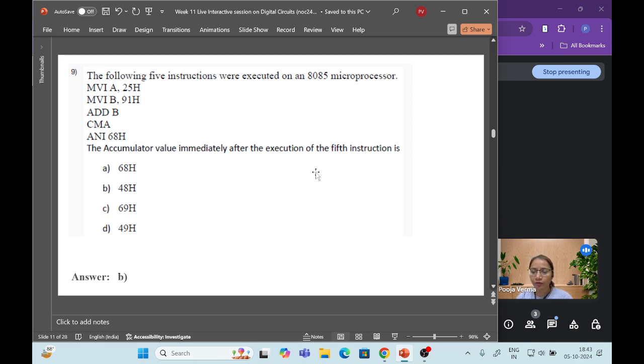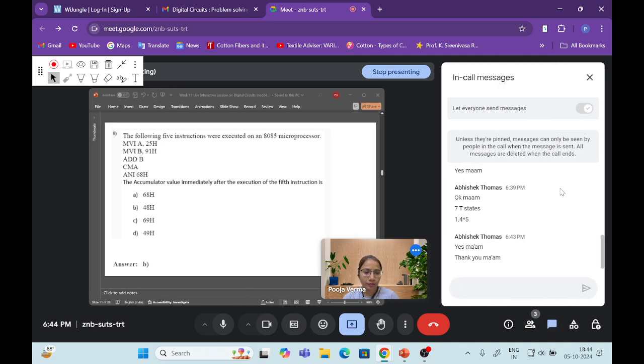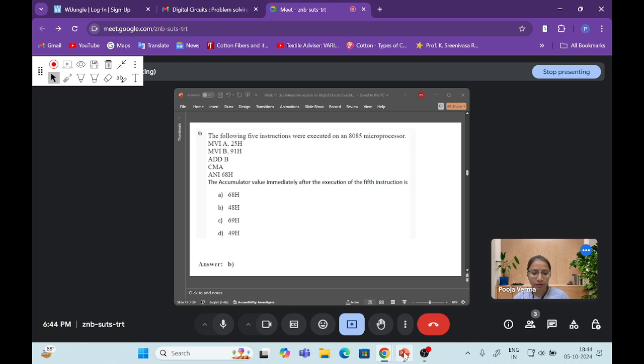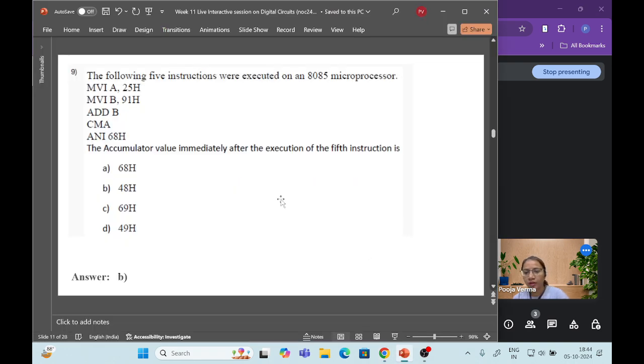So what does the instruction MVI mean? MVI A means move immediate data to register A.